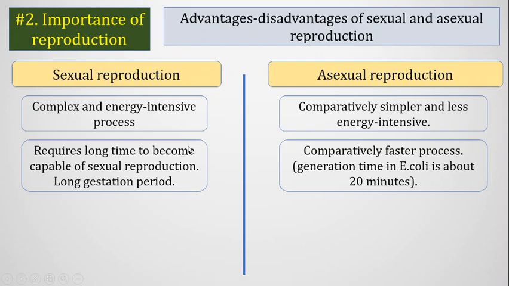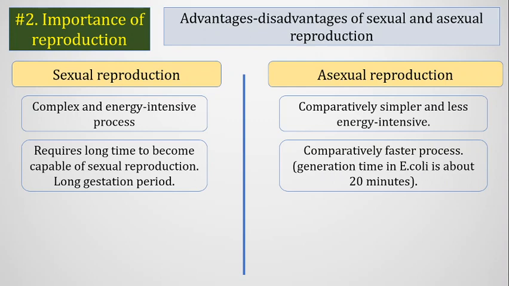Sexual reproduction requires a long time to become capable of reproduction. If any animal wants to reproduce sexually, then it must reach the puberty stage. This is a long period of time, varies from organism to organism, but it needs this amount of time to be sexually capable.